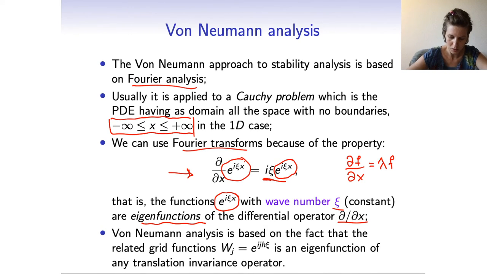So when we apply this operator del x to the function f, we get some constant times the function f. So the von Neumann analysis is based on the fact that the related grid functions, given like this, they are an eigenfunction of any translation invariant operator.